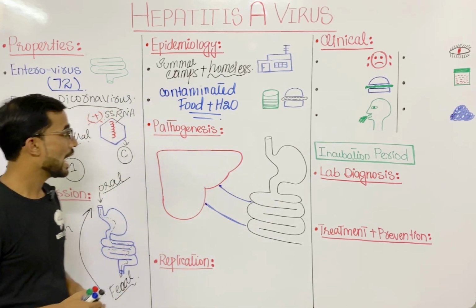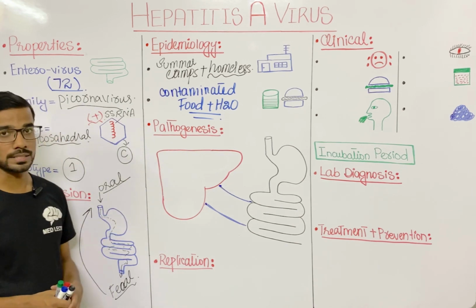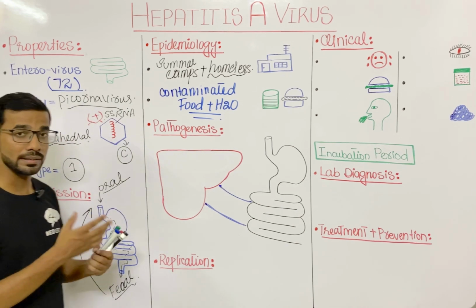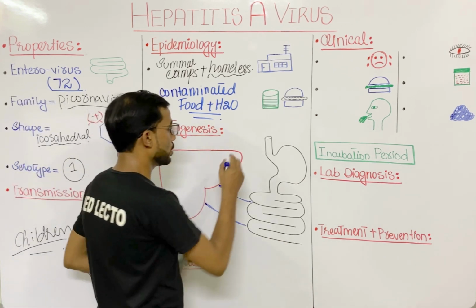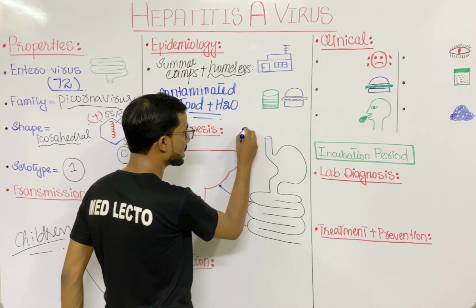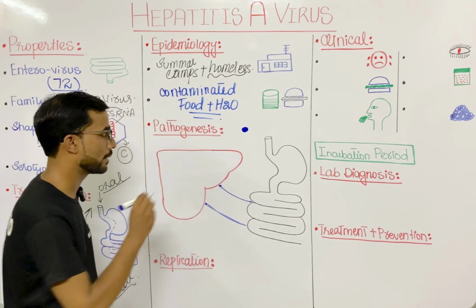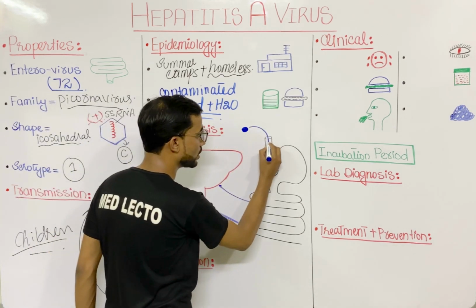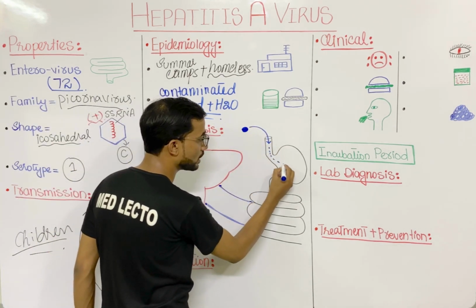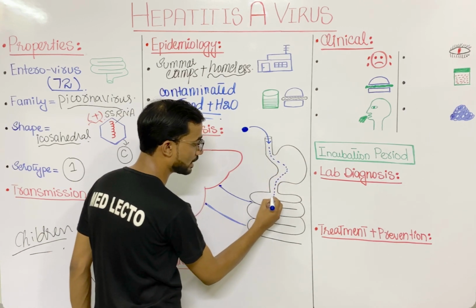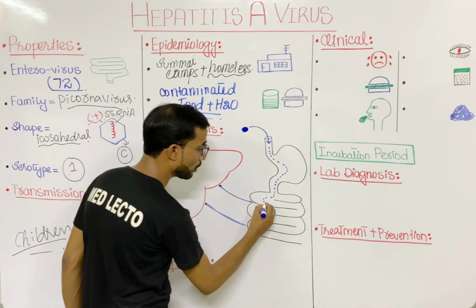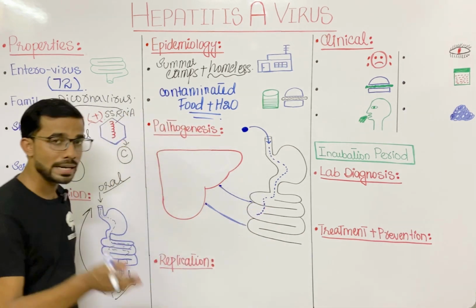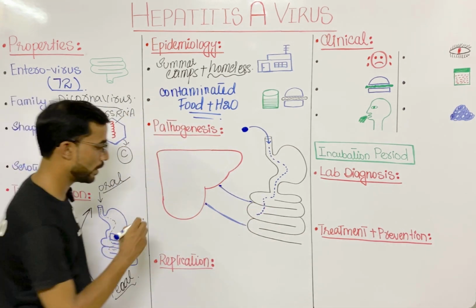Okay. And next, if we look at the pathogenesis. As we know, the hepatitis A virus enters through the mouth. Okay. So if you see, this is a hepatitis A virus. It will enter into our GI tract. It will move into the stomach, and after that, it will enter into the intestine. From the intestine, it will enter into the portal vein.